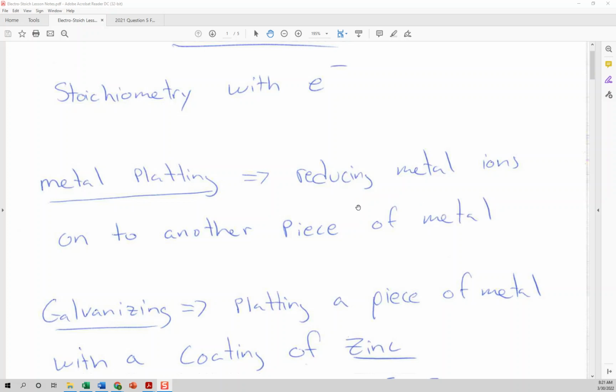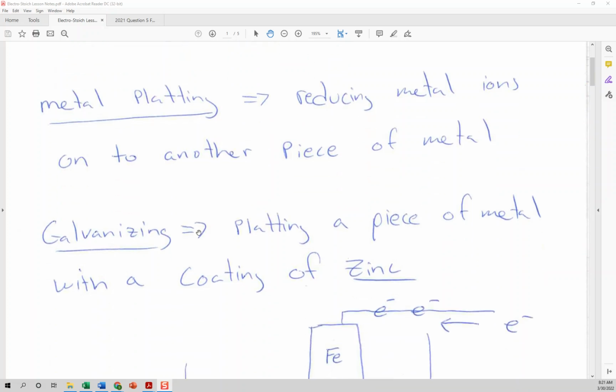So kind of show you that. But if you've ever heard of galvanizing, galvanizing is a specific type of metal plating, and it's just coating your piece of metal with zinc. And the reason why you would do that is, let's say you took a piece of steel, which is iron and carbon, but you don't want the iron to rust, right? Because if the iron rusts, then the integrity of the steel weakens, right?